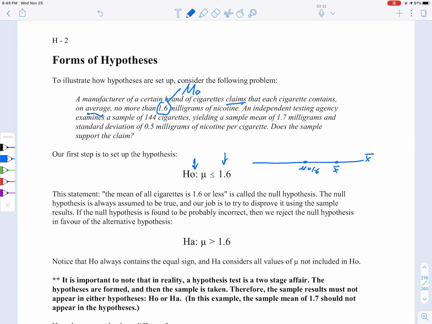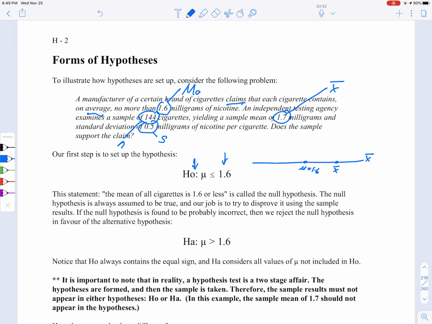Now, we get a sample taken, and in this particular case, it's going to be a sample mean, an X bar of 1.7. That's from a sample here of 144 cigarettes, so that's your little n, and then we've got a sample standard deviation, or an S, of 0.5.